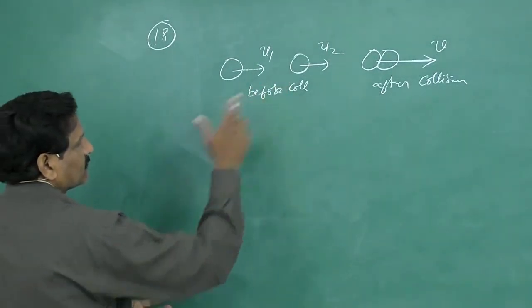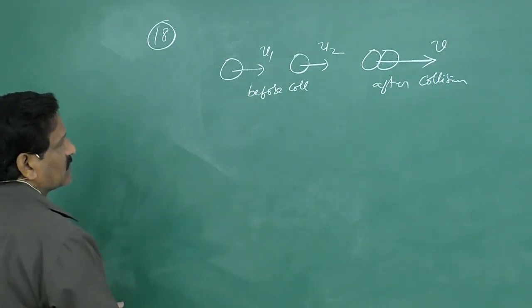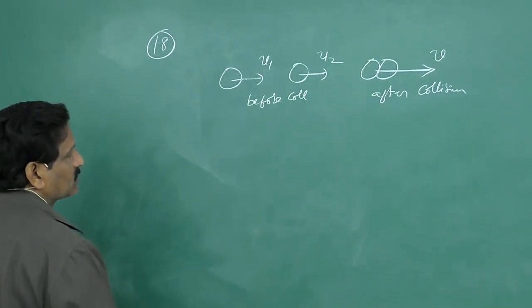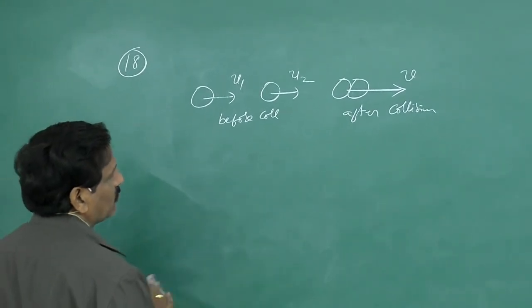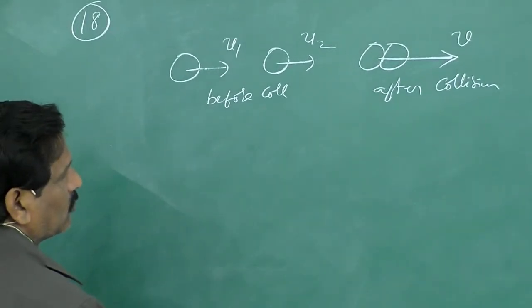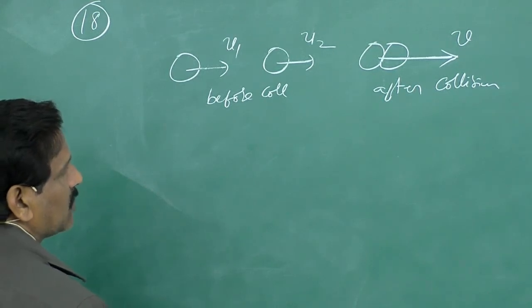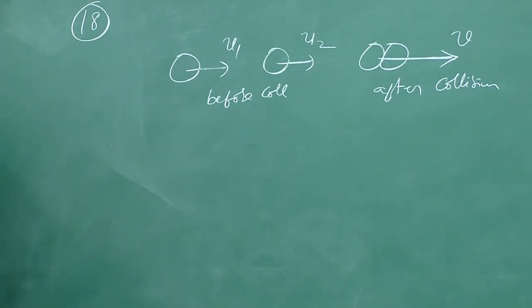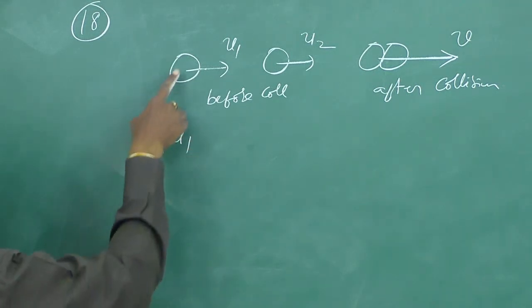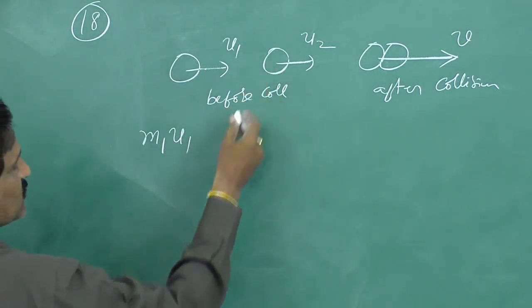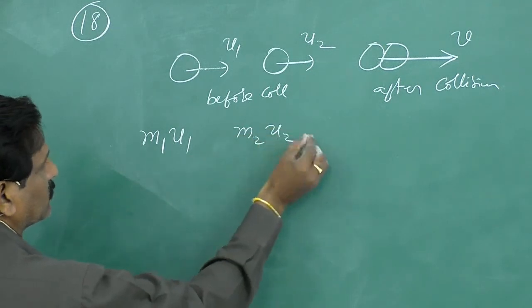So in this process the law of conservation of linear momentum is followed. That means total momentum of the two bodies before collision is equal to total momentum of the two bodies after collision. So momentum of this body is m1 u1 if m1 is mass of this body. Momentum of this body is m2 u2.